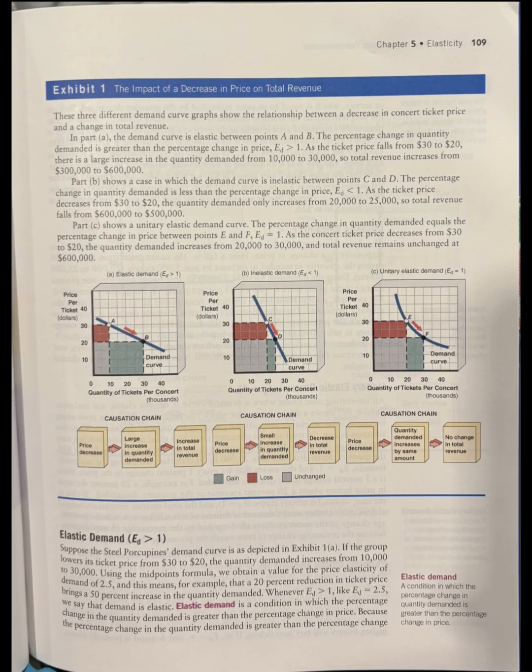Elastic demand. Suppose the Steel Porcupine's demand curve is as depicted in Exhibit 1A. If the group lowers its ticket price from $30 to $20, the quantity demanded increases from 10,000 to 30,000. Using the midpoints formula, we obtain a value for the price elasticity of demand of 2.5. And this means, for example, that a 20% reduction in ticket price brings a 50% increase in the quantity demanded.